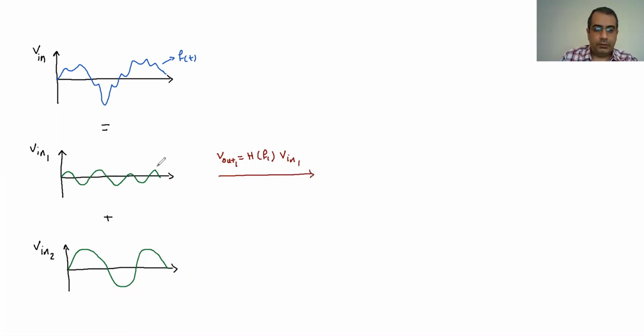Assume this has a frequency of F1 and this has a frequency of F2. The same here: the V out for the second one is the filter at frequency 2 times the second input.